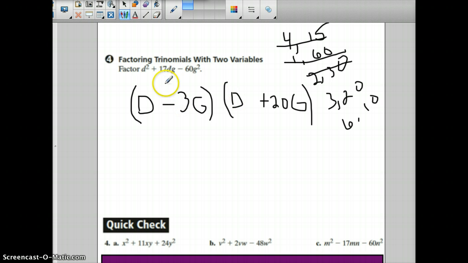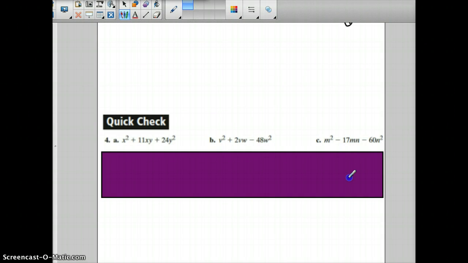Now use your outers and inners to check. Inners, negative 3dg, outers, positive 20dg, which results in a positive 17dg. Go ahead and try the next 3 quick checks. When you're ready, restart.